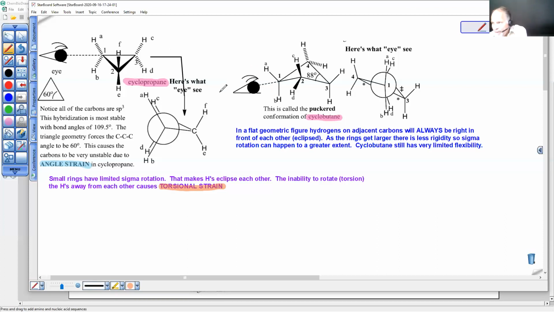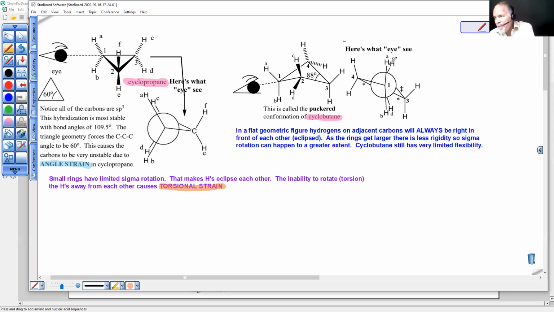Oh, by the way, if you didn't know that was an eyeball, that's an eyeball. Okay. And you'll notice that A and C here are a little further apart than here and here, where they're right on top of each other. That rotation maybe was 12 degrees. Remember, 60 would be ideal, and you only got like 1/6 of the way there. So you have partial eclipsing. And the story's a little worse than that.